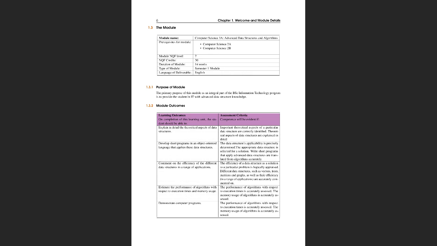So we try to explore the following learning outcomes. The first one being that, as I said before, we're going to revisit some stuff, and part of the stuff we revisit is data structures.